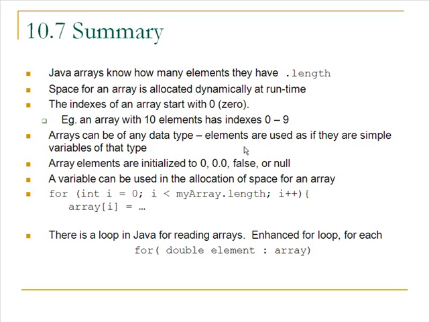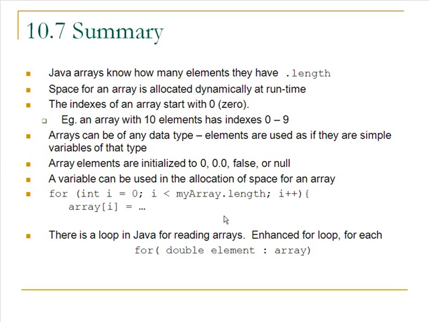Array elements are initialized. This is different from local variables. When you declare a local variable inside a method in Java, it's in an uninitialized state, but array elements are never in an uninitialized state. They're initialized to 0, 0.0, false, or null, depending on the data type of the array elements.